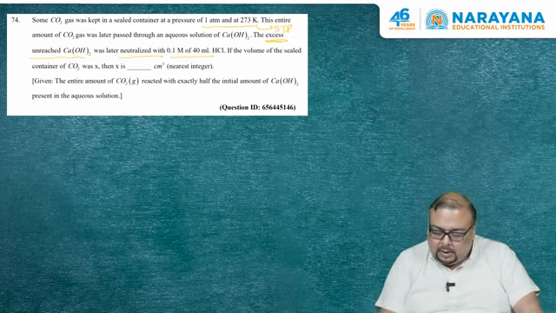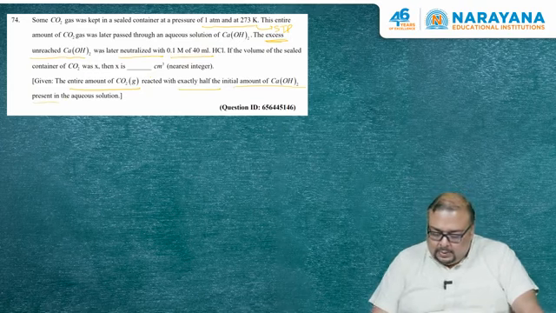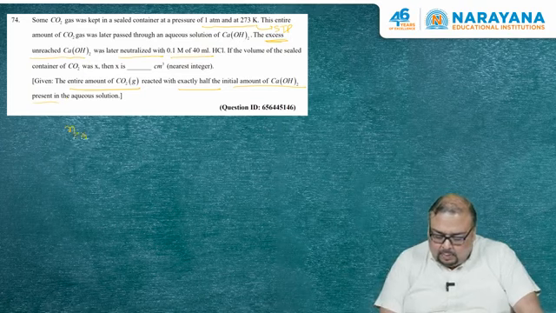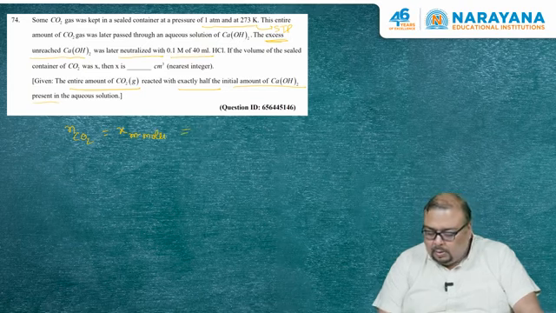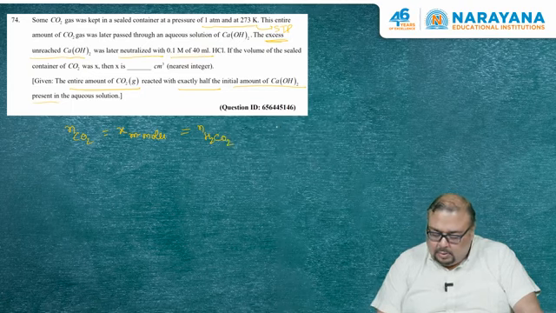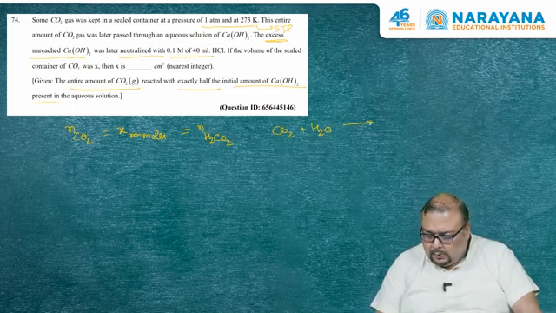It is given that entire CO2 reacted with only half of the initial amount of calcium hydroxide. So, let us say that the moles of CO2 is x millimoles. Then that will also be equal to moles of H2CO3. Okay, because CO2 plus H2O will be giving H2CO3.